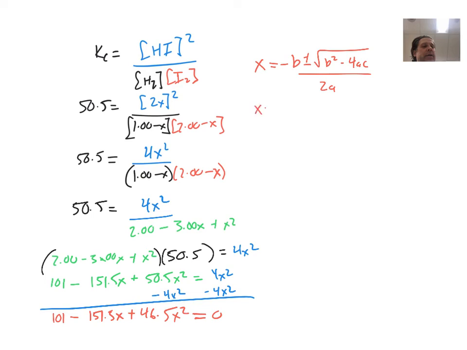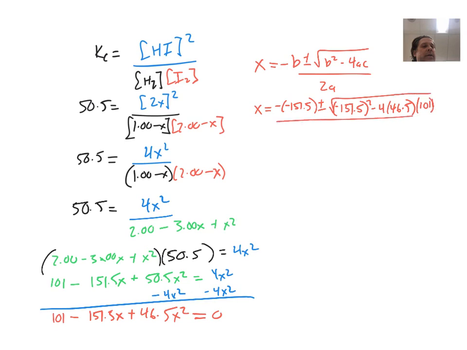In this case, x is equal to negative negative 151.5 plus or minus the square root of negative 151.5 squared minus 4 times 46.5 times 101.